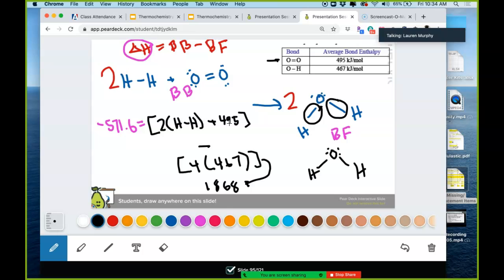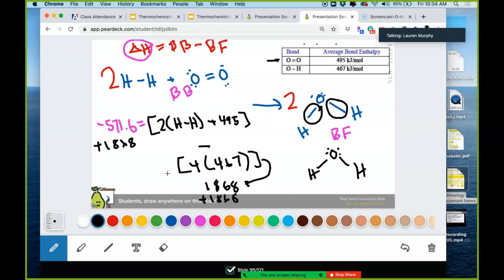So this is this minus this. I'm going to add this to the other side. Right, algebra. So 1868 plus negative 571.6. Oh, why does this keep doing that?